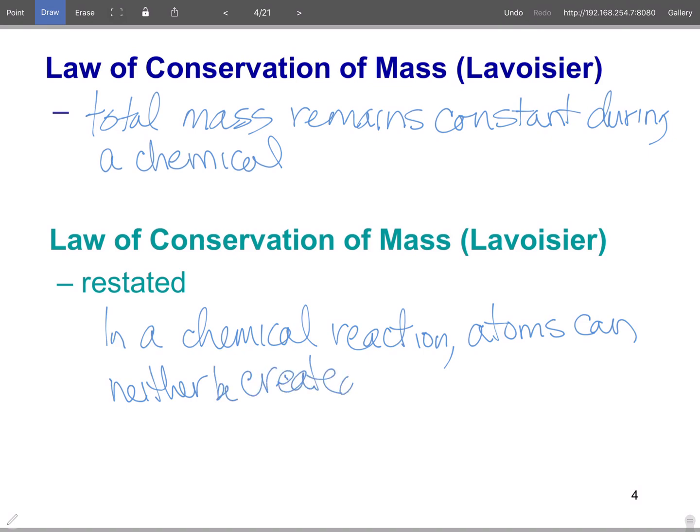They can only be converted into different compounds. So when we talk about chemical reactions, what we're going to talk about is rearranging the species in them. So the law of conservation of mass or matter is similar to the law of conservation of energy. You can't create nor destroy, you can only rearrange, reorder, and the mass is constant.